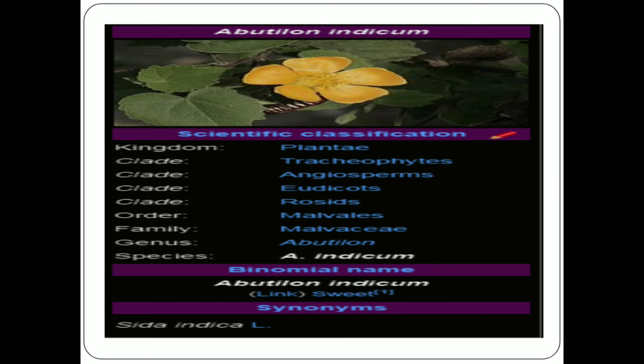This is the classification: Kingdom Plantae, Division Spermatophyta, Order Malvales, Family Malvaceae, Genus Abutilon, and species indicum.